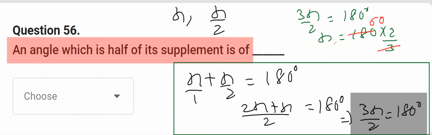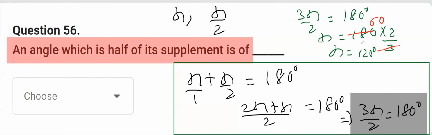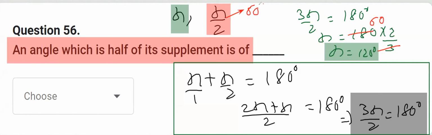So this gives us x as 60 into 2, that is 120 degrees. So one angle we got as 120 degrees, and its half will give you 60 degrees. So 60 degrees is the answer, as we have to find an angle which is half of its supplement.